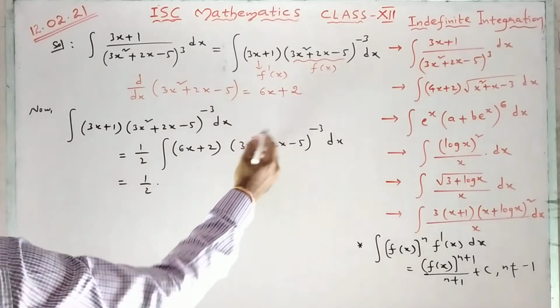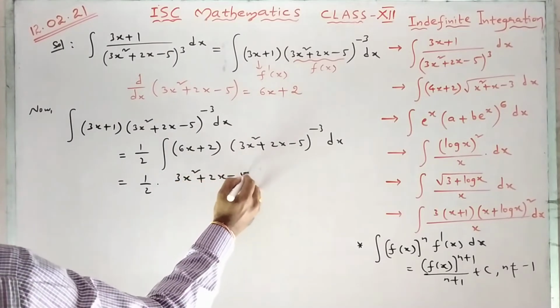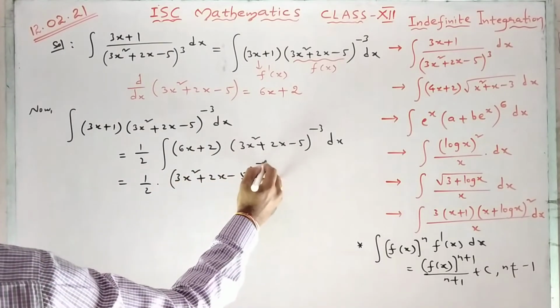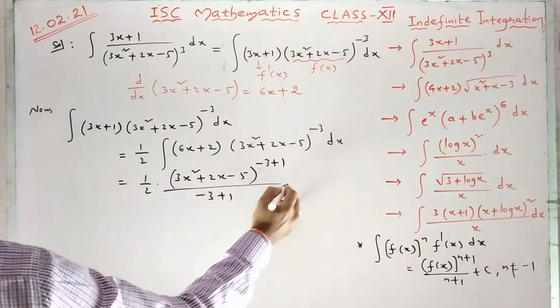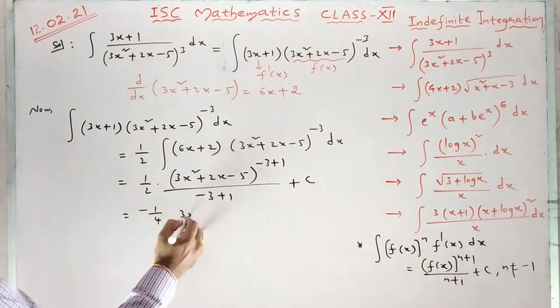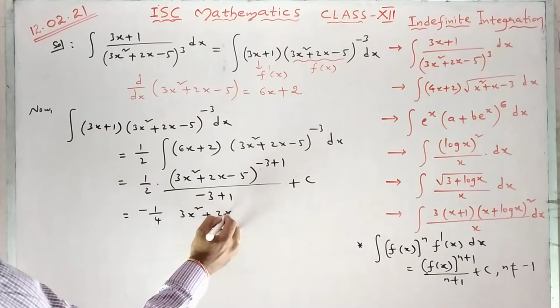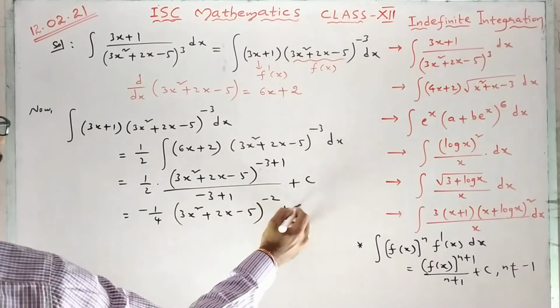F of x is this, so we can write (3x square plus 2x minus 5) whole to the power n plus 1 upon n plus 1 plus c. So minus 2 this, so minus 1 by 4. So this will be (3x square plus 2x minus 5) whole to the power minus 2 plus c.